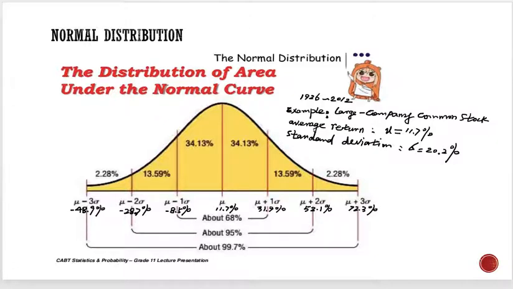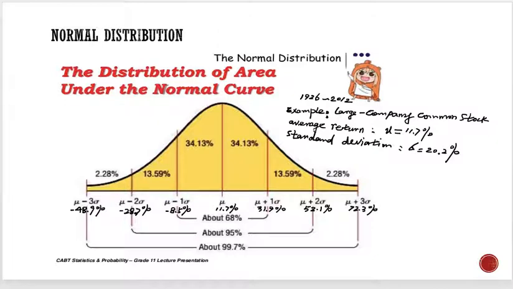Because we know 68% of the data points fall into this class interval, that means mu minus 1 standard deviation to mu plus 1 standard deviation. This is negative 8.5%. This is positive 31.9%.